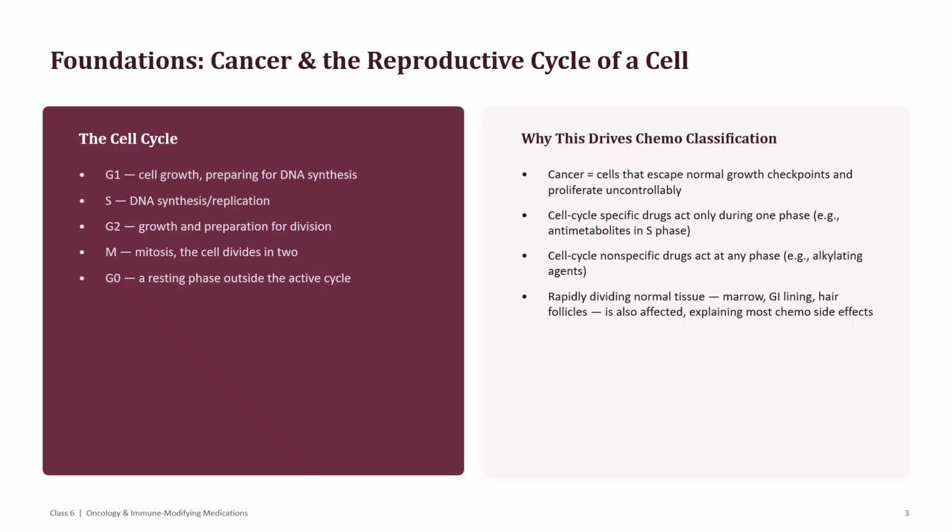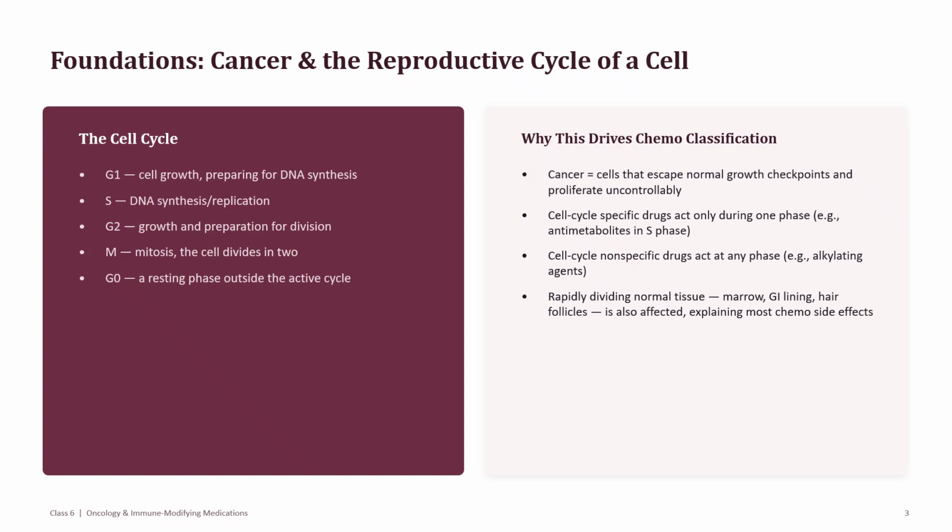So let's start with some foundations with cancer and the reproductive cycle of a cell. Before we get into any specific medication names, what actually is cancer at the level of a single cell? A normal cell doesn't divide whenever it feels like it, right? It moves through a cycle.